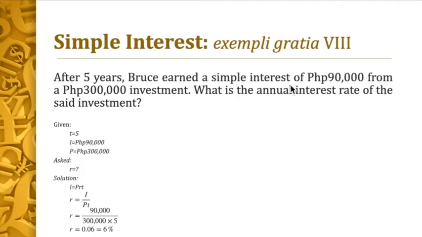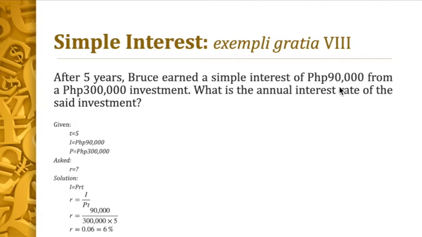From a 300,000 investment, that's your original amount, the starting amount that you invested in this company, so this 300,000 is your P. Now you're asked, what is the annual interest rate of the said investment?